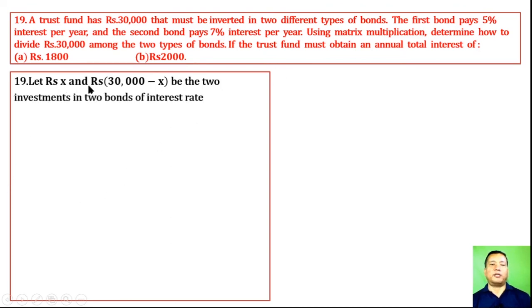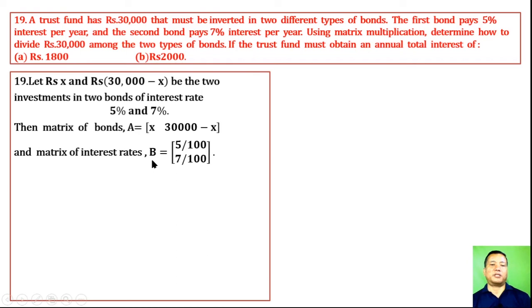Let rupees X and rupees 30,000 minus X be the two investments in the two bonds of interest rate 5% and 7% respectively. Then matrix of bonds A is X, 30,000 minus X, and matrix of interest rate B is 5 by 100, 7 by 100. Therefore the annual interest is the product AB.